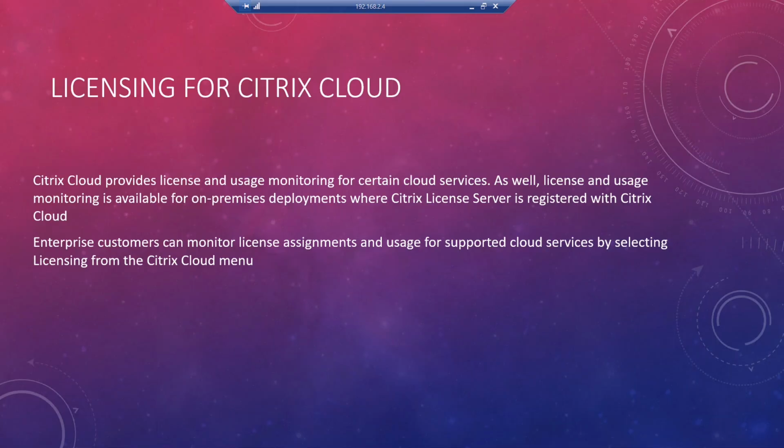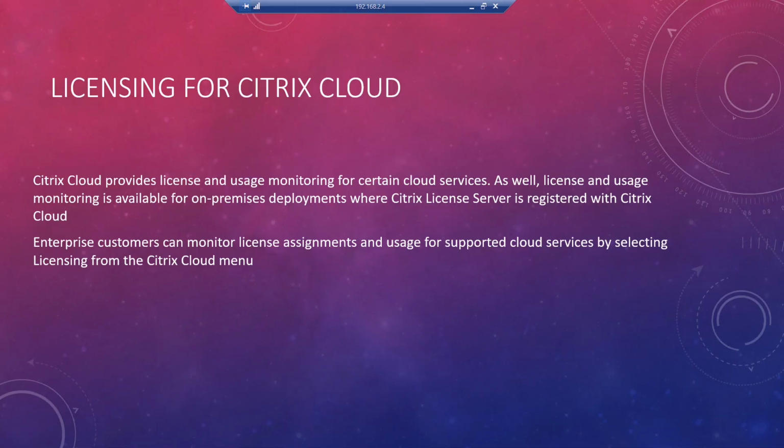I have just shown you the Citrix license server tab where we can integrate Citrix Cloud with your on-premise Citrix license server. Okay, enterprise customers can monitor license assignments and usage for supported cloud services by selecting licensing from the Citrix Cloud menu. So you can closely monitor the usage of the license through this Citrix Cloud Console.